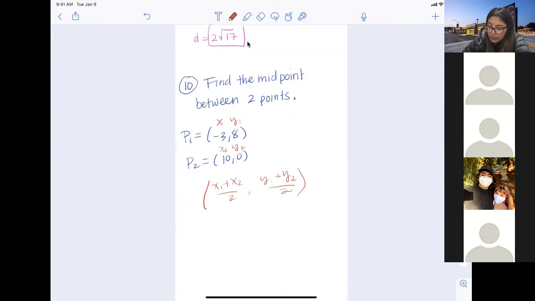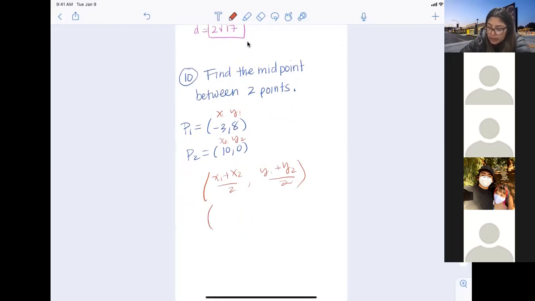Okay. So then the next thing you do is you substitute. You have (-3 plus 10) over 2, comma, (8 plus 0) over 2. And then you simplify, you get 7 over 2, comma, 8 over 2.